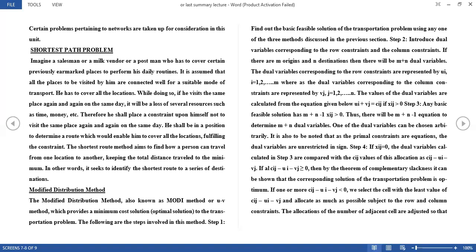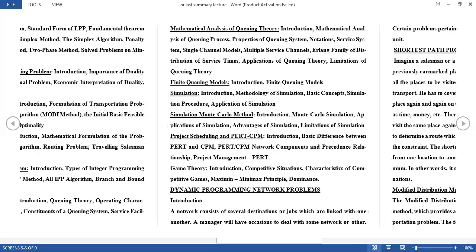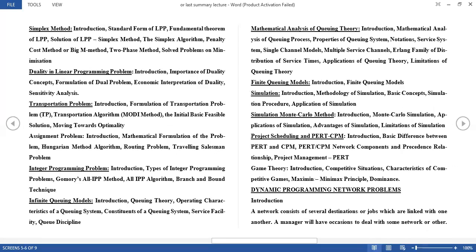Maximization comes in the case of profit, and minimization comes, for example, in the case of minimizing cost, time, or travel. All these things we have covered in our course, and I am sure, inshallah, you are now able to use operation research theory in your practical life and in research work also.